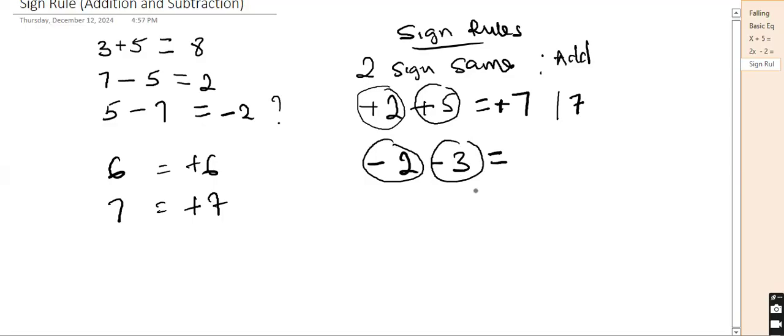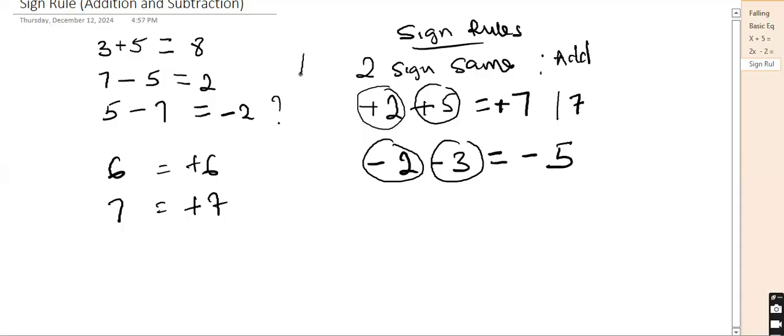So if I take those numbers and add them, I'll get 5. And I'll put the sign of the larger number at the answer. The larger number, irrespective of the sign, is 3. So what sign does 3 carry? Minus, so I'll place minus. So minus 2 minus 3 is minus 5. So the rule states that when two signs are the same, you add, and put the sign of the larger number at the answer.